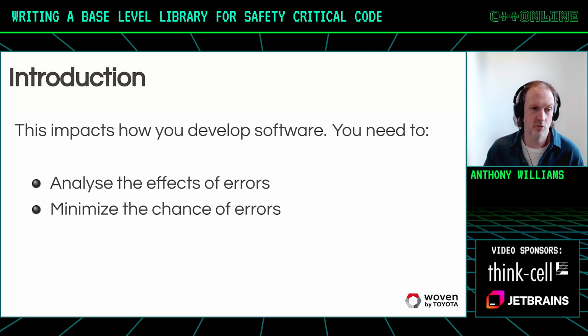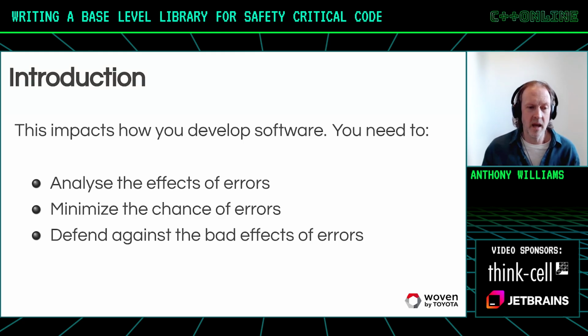Having thought about the errors, you need to minimize the chances of them ever happening anyway, which you can't always do, but you do need to minimize those chances. Having done that, some of them are still going to happen. So we need to defend against the bad effects, make sure that the consequences are as minimal as possible, so that people don't die and don't get injured.